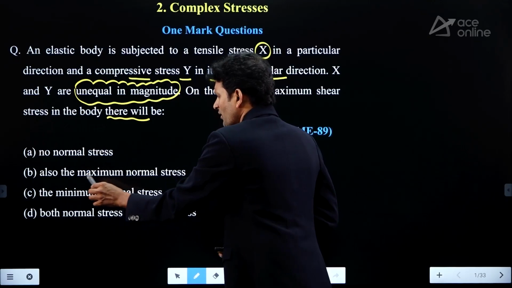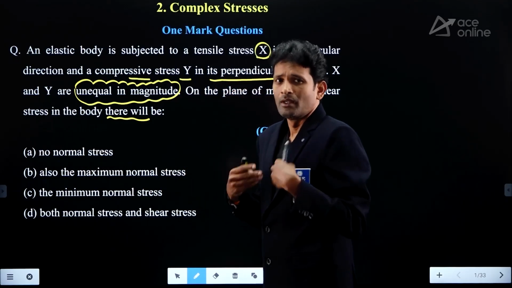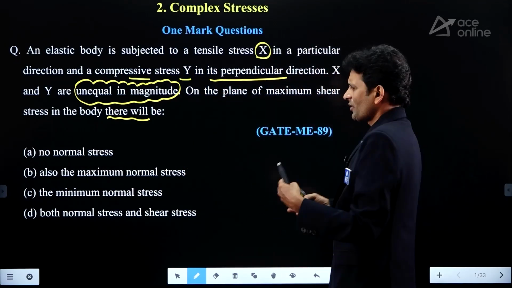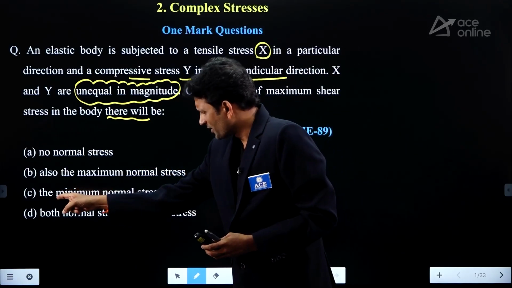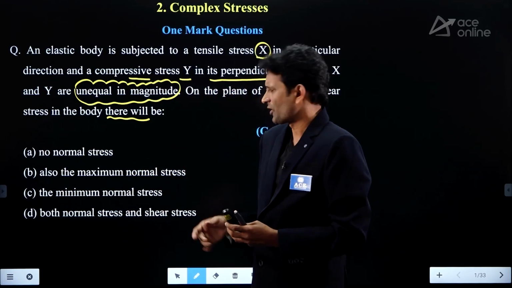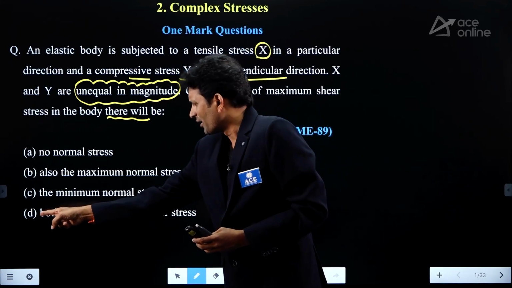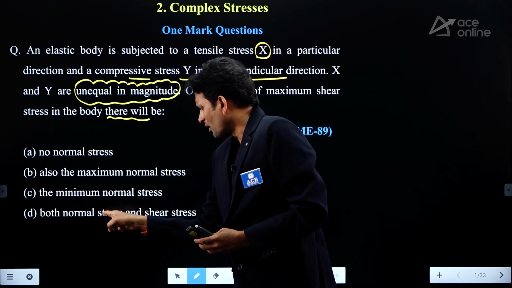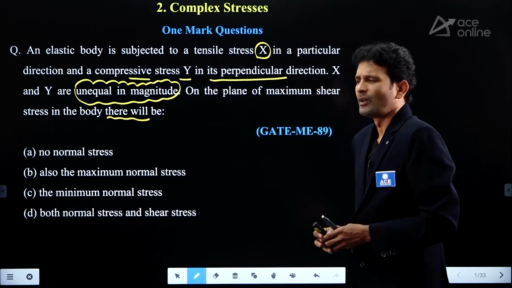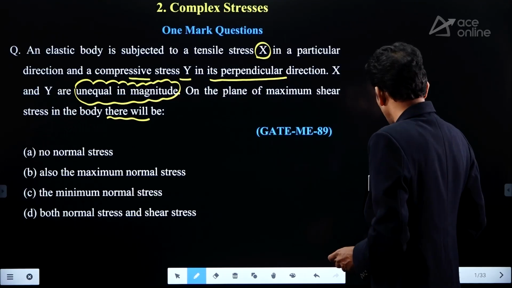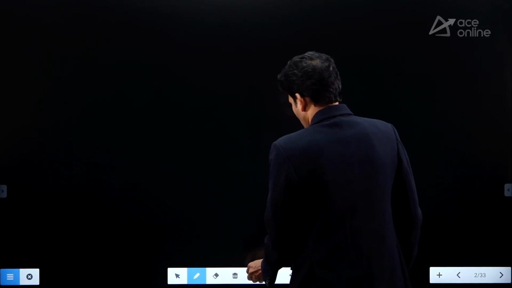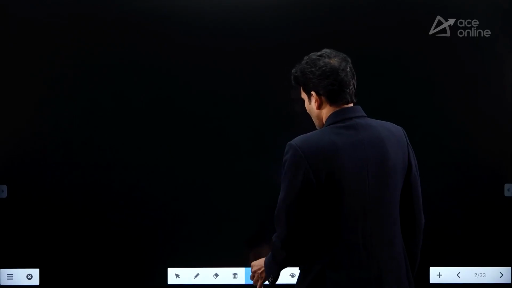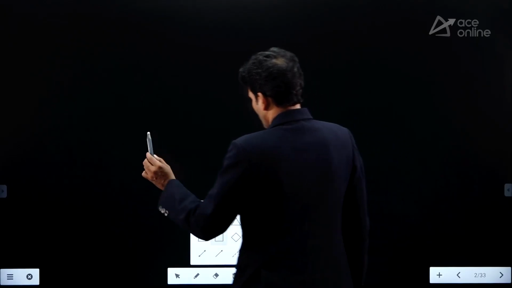Second option: the plane of maximum shear stress also carries the maximum normal stress, that is option B. Option C: the normal stress becomes minimum. So first of all, you take the state of stress for this element. Here clearly we have a biaxial state of stress.